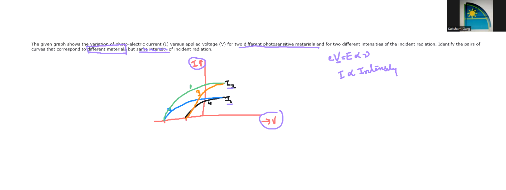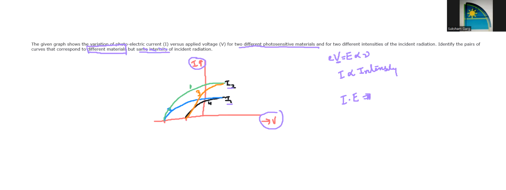So remember, in chemistry, we always learn that every given element will have something called ionization energy. Photoelectric effect is nothing but an extended application of ionization energy only.